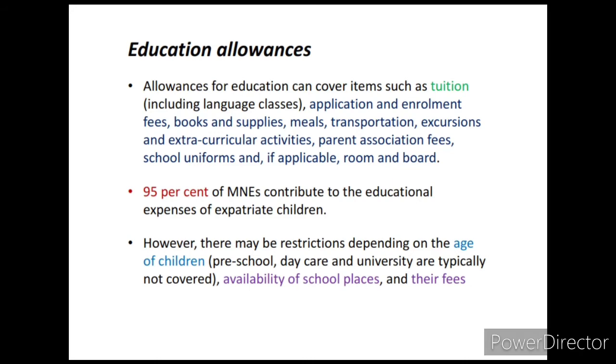It includes even language training and application fees, enrollment, books and supplies, meals, and students' transportation, excursions and extracurricular activities, parent association fees, school uniforms, and if applicable, boarding and room. Why? Because, sometimes, due to the locations, the expatriates may not find a suitable school for the children near that location.